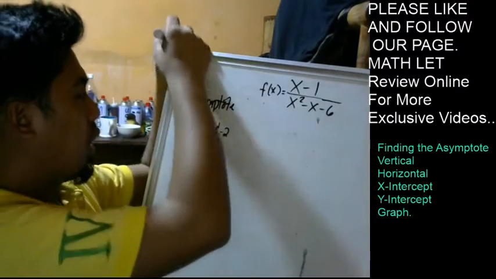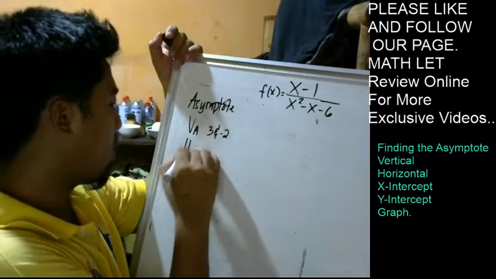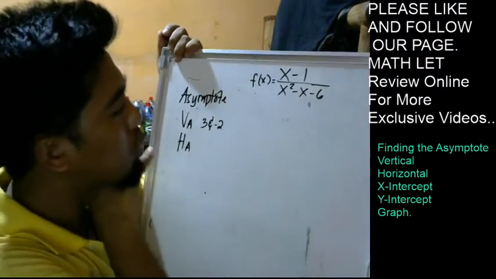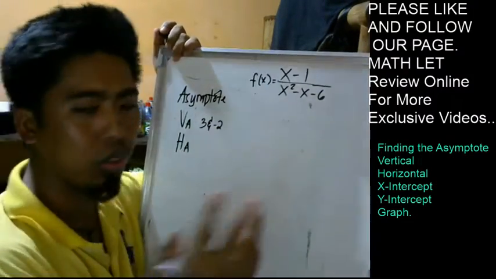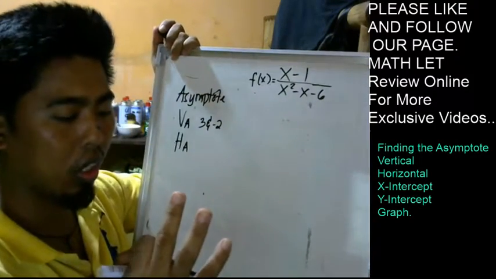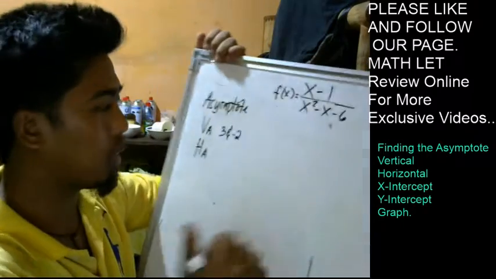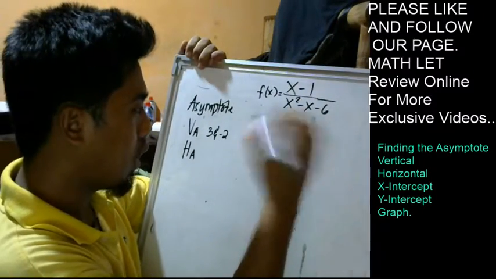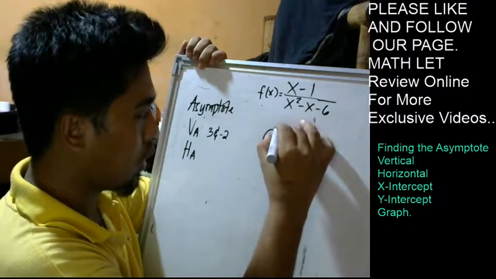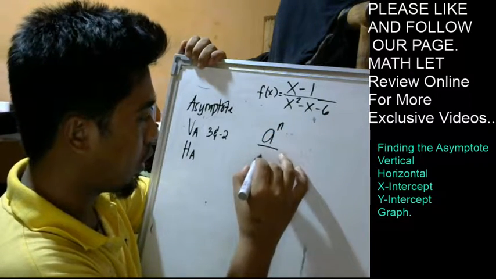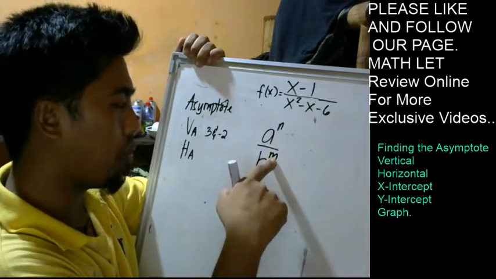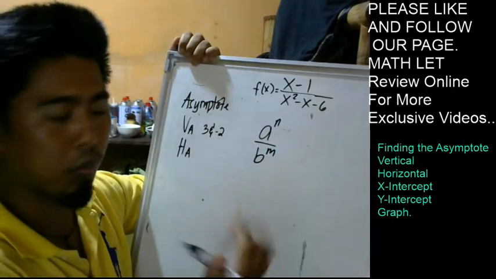Okay, so next is to find the horizontal asymptotes. To find the horizontal asymptotes, we need to consider three things. So there are three conditions in finding the horizontal asymptotes. First, let's consider this: a x to the n over b x to the m, in which n and m are both exponents.